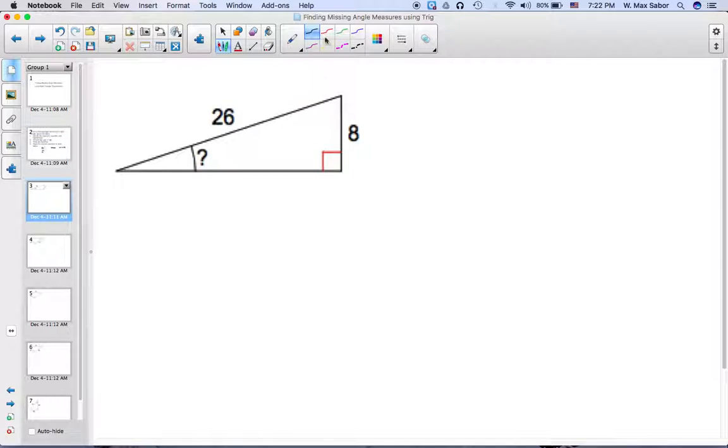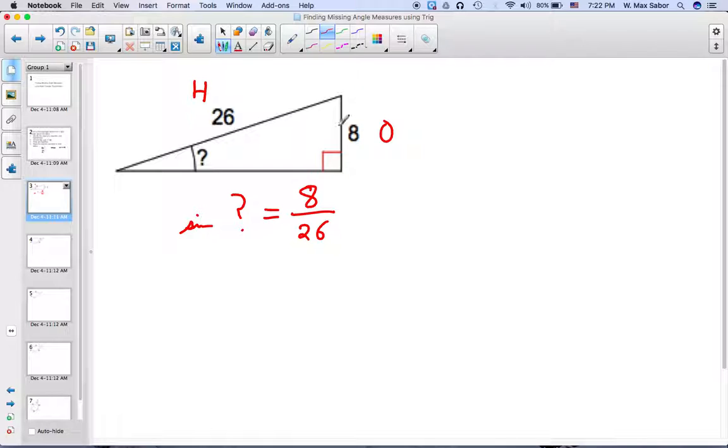So let's take this. This is our reference angle. Here's opposite. Here's our hypotenuse. So sine is the function that relates opposite to hypotenuse. Opposite was 8, and hypotenuse was 26.